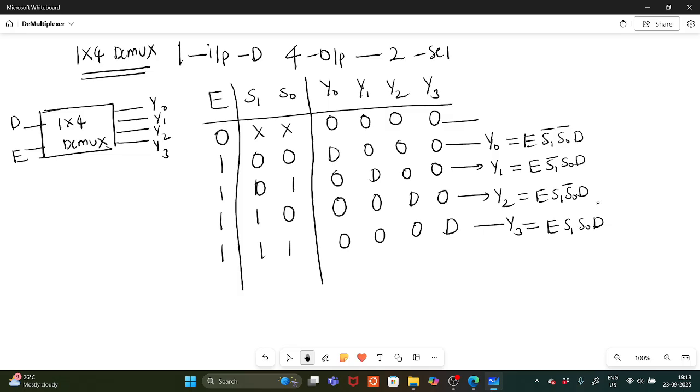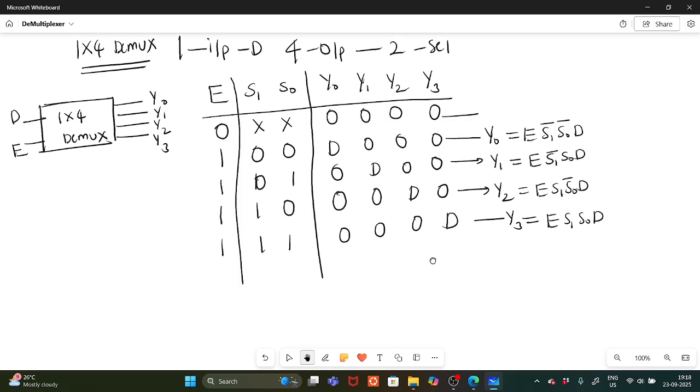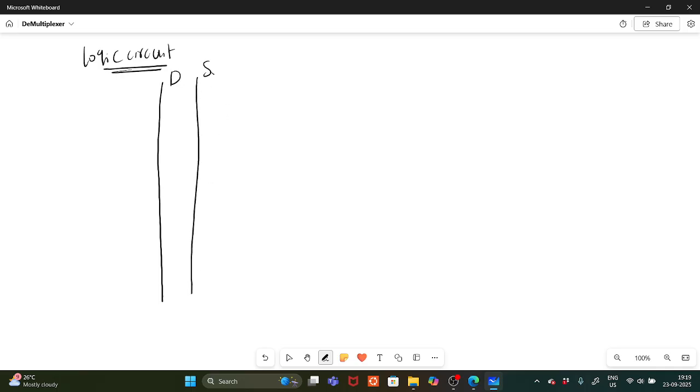From this you can draw the logic circuit. First, you draw the D input, and this is S0, connected with an inverter.